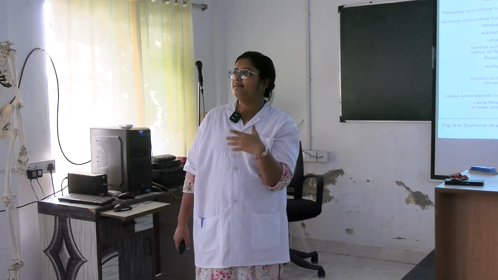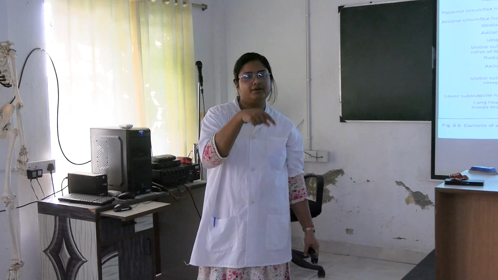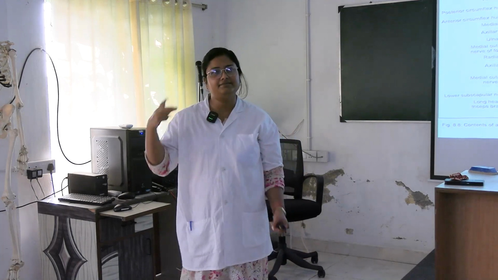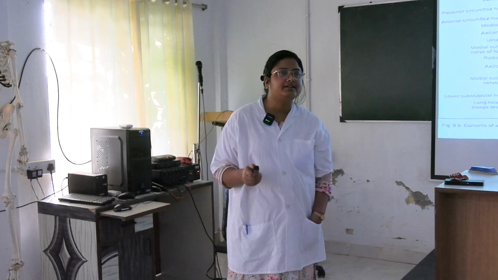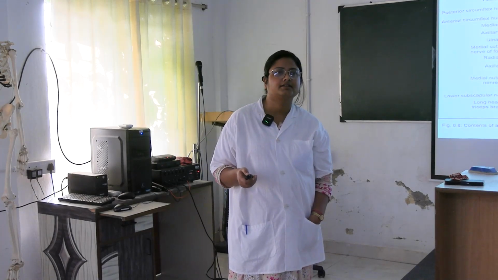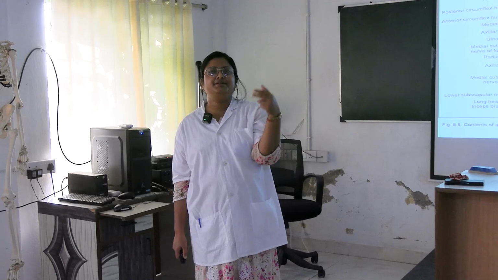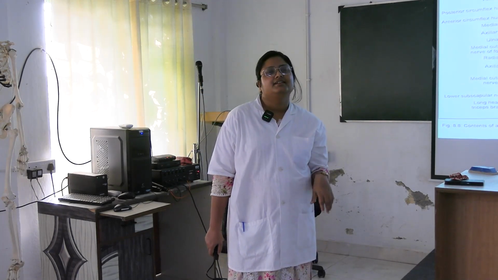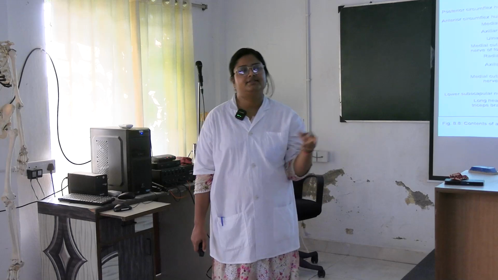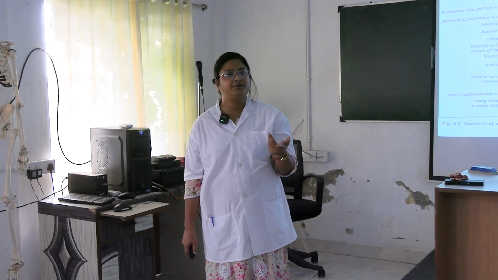So all that nerve you have to see, and I have told you to write down all those points, how you will identify those things. These are mnemonics. LML, lateral pectoral nerve, lateral root of median nerve and musculocutaneous nerve. Okay, understood?